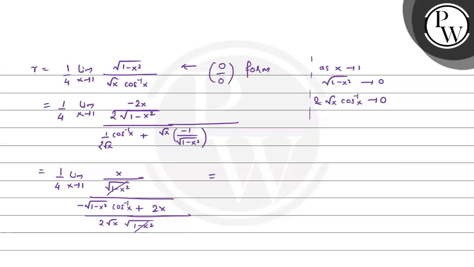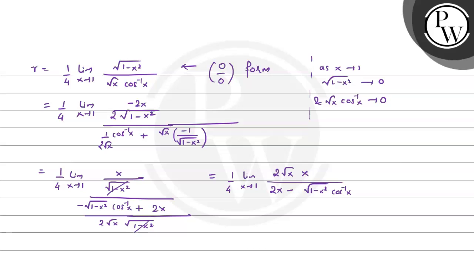Now this limit then simplifies to 1 by 4 times limit x tends to 1. Now if we try to simplify, we will have 2 times square root x times x divided by 2x minus square root of 1 minus x squared times cos inverse of x.